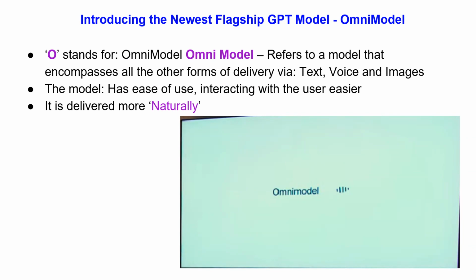You find that this model has an ease of use. It also interacts with users much easier, and it's been made to interact with us a bit more naturally, like you're talking to a friend or you're talking to someone. You can interrupt it and it will stop. Sometimes before, actually, when you interrupted it, I know that for sure, it didn't stop, it kept going. So now it can stop. It's like you're having a conversation with someone, you know. Okay.